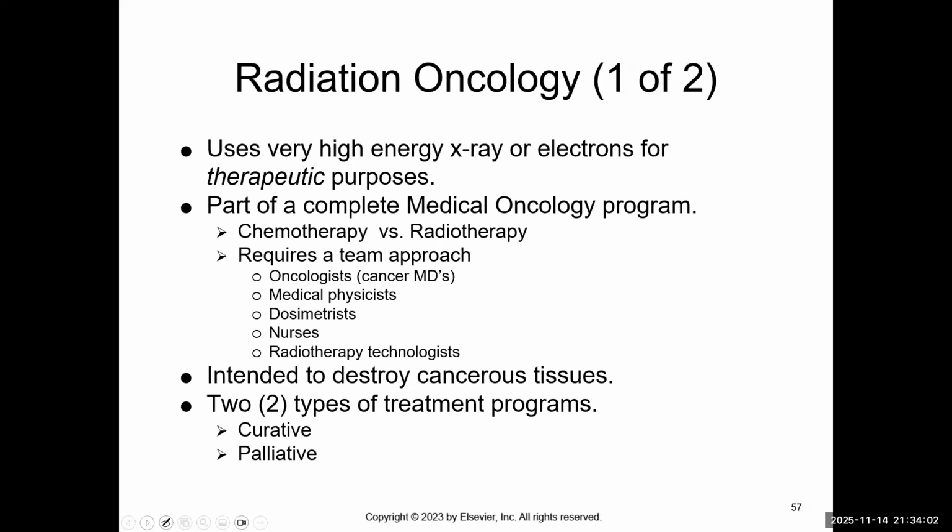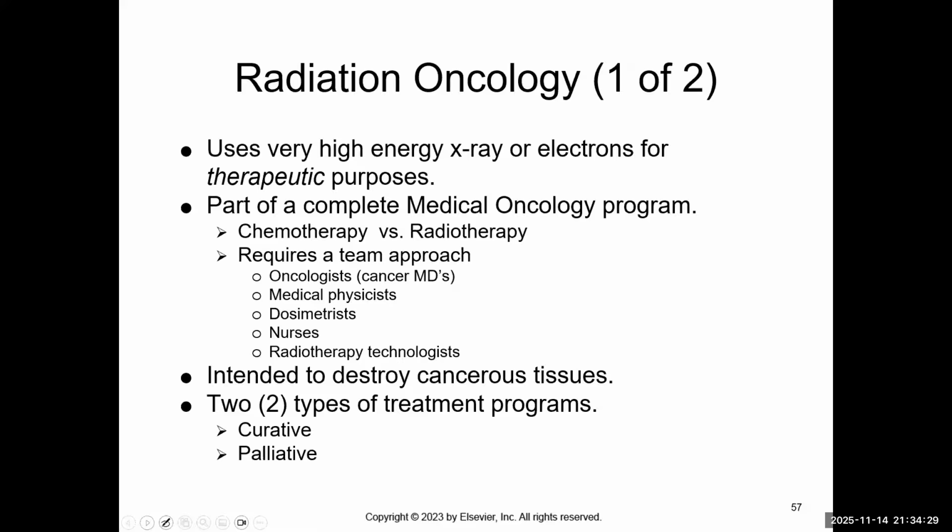So you have your radiation oncologist, the doctor that helps plan the treatment. They work with a medical physicist that ensures that the dose the patient receives is accurate, and also makes sure that the machines the therapists are using are operating safely.